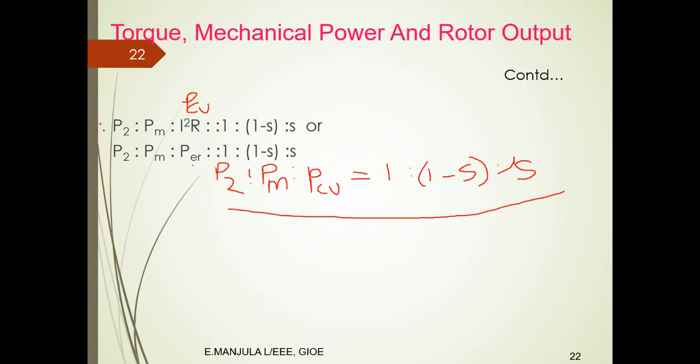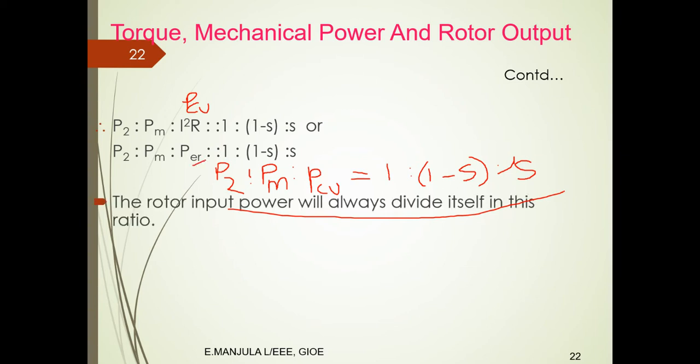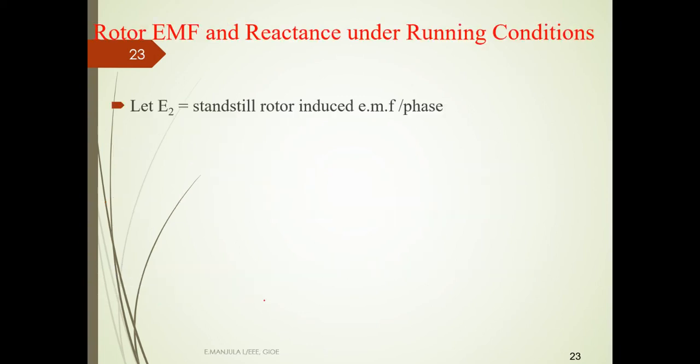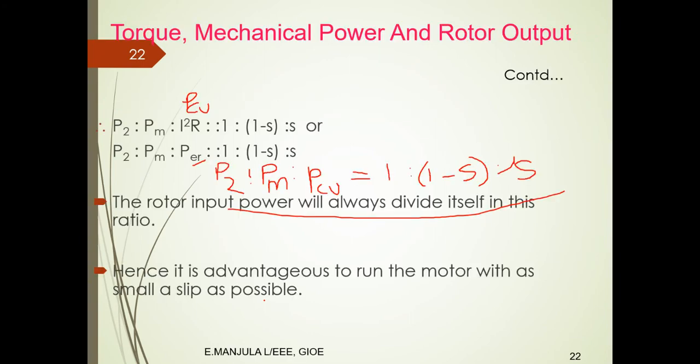So the rotor input power will always divide itself in this ratio. Hence it is advantageous to run the motor with as small a slip as possible. Till now we have gone through the power flow and the power equations, each and everything.